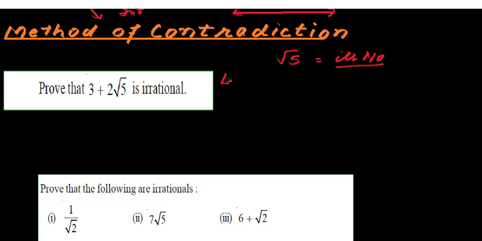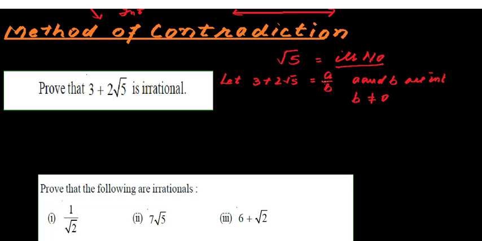Let this number 3 + 2 √5 be some rational number equal to some rational number a upon b, where a and b are integers and b is not equal to 0. You must learn the condition a and b are integers and b is not equal to 0.